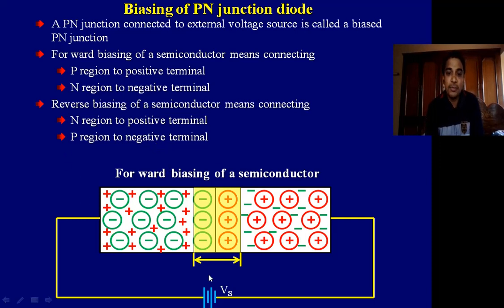This is the diode, and this is the supply. I have given positive to the P side. So what happens? The positive force repels the positive charge carriers, the holes.